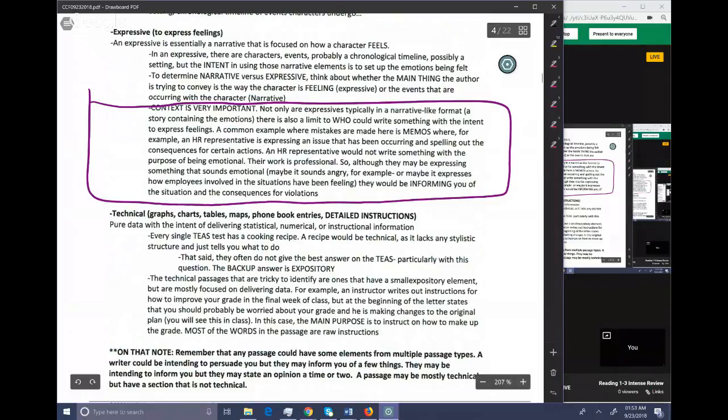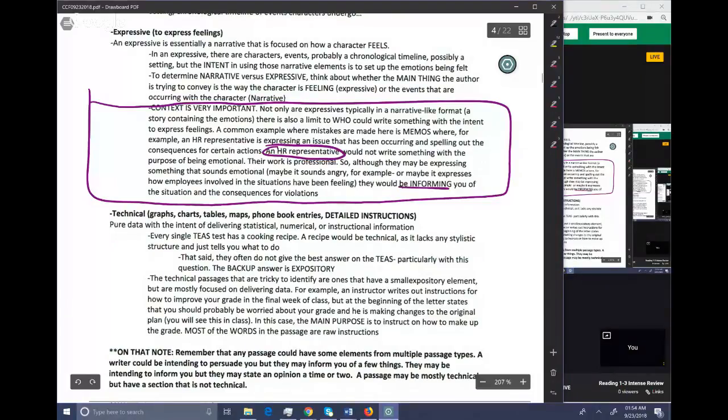However, an HR representative or anybody that is in a professional position would not be caught writing an expressive. So a professor would not write an expressive to their students. An HR rep would not write an expressive to their employees. So remember that professional settings do not count for that.